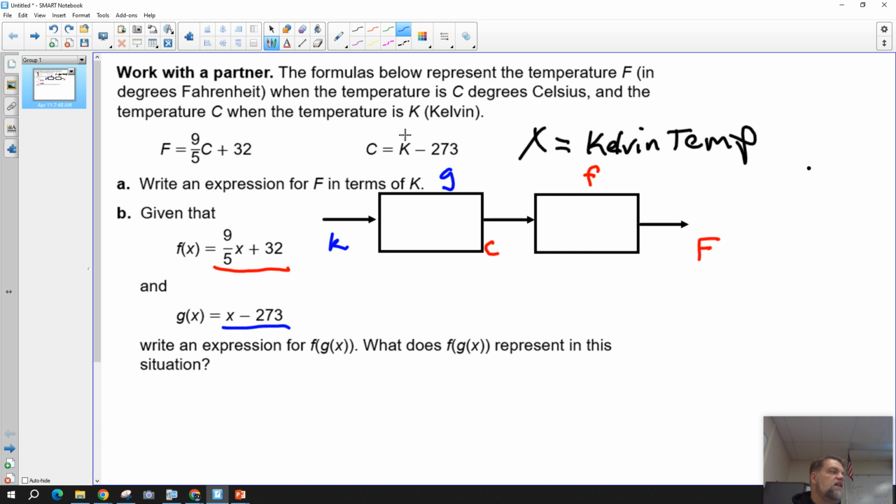So I plug in a value for K, and so we call this one g of x because we're letting x equal Kelvin. And then it spits out a y value, or an output. We'll just call it an output. So this is the output here. That's in Celsius.